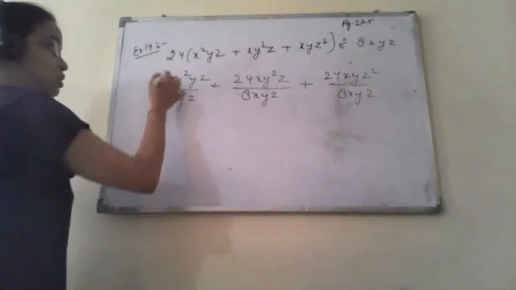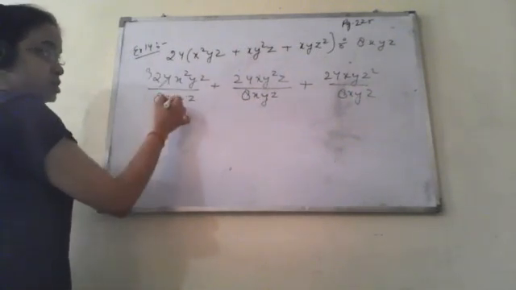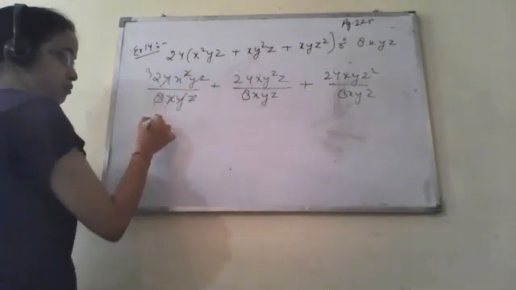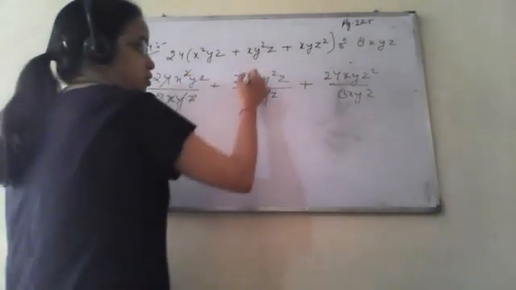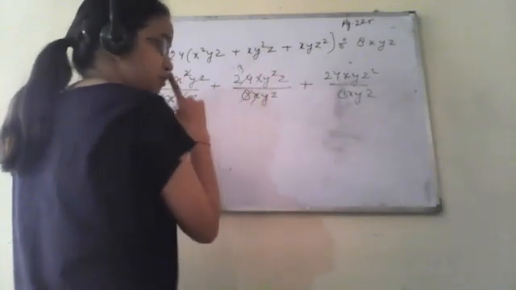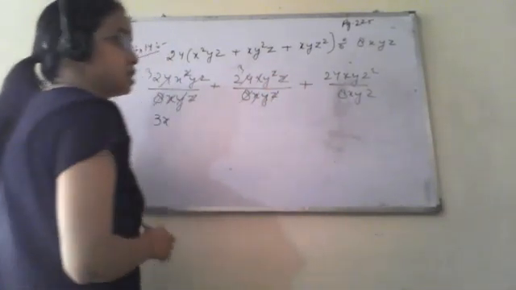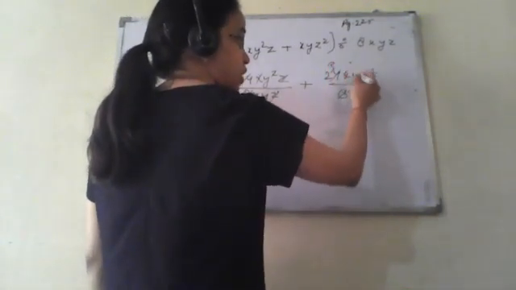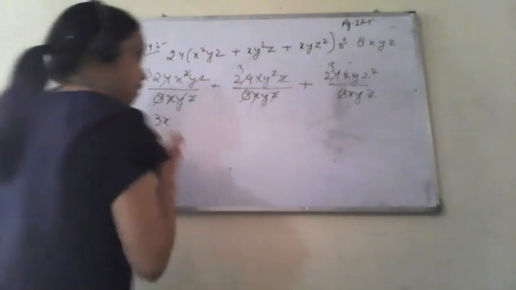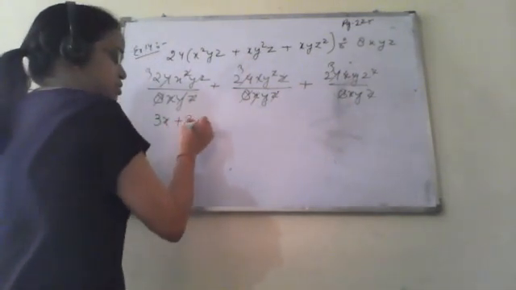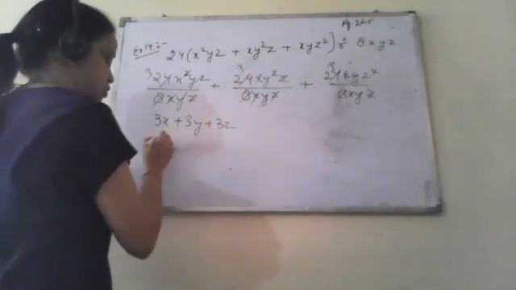Now this is 3. Now one of the powers will get cancelled, y z will get cancelled. Here we have 3x. Now this is 3, x cancels, y cancels, one of the powers of z cancels. So basically the answer will remain the same.